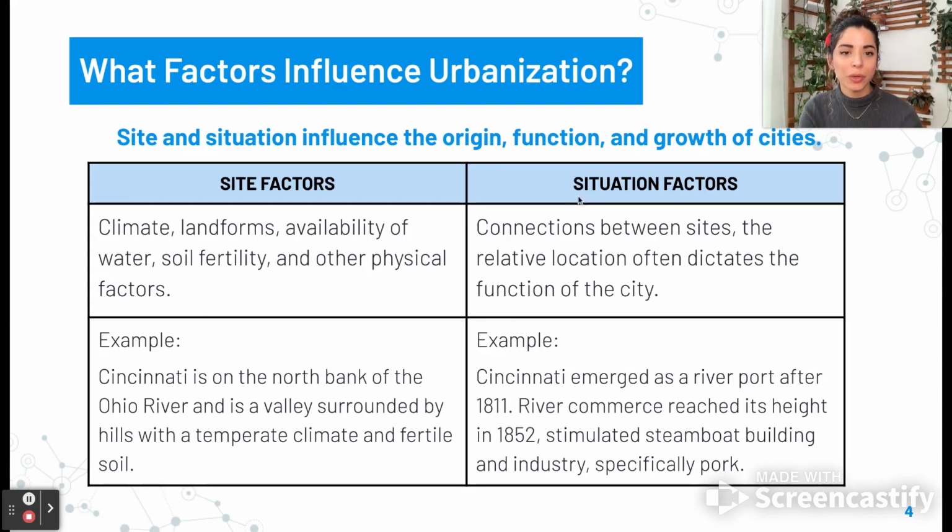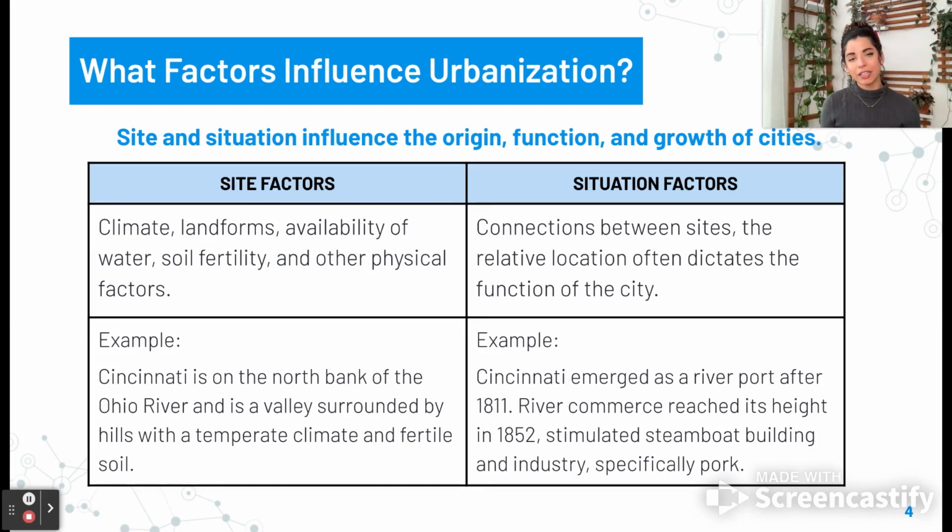And then situation. This is more so of context. So things like connections between sites, relative location can also help you understand functions of cities and things like that. So examples would be Cincinnati, this is a city in Ohio in the United States, is on the northern bank of the Ohio River and is a valley surrounded by hills with a temperate climate and fertile soil.